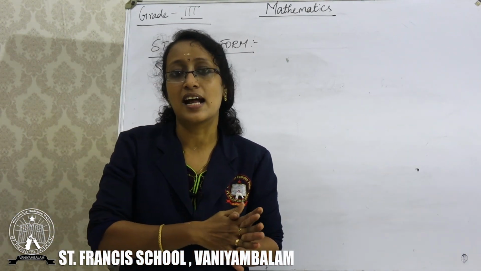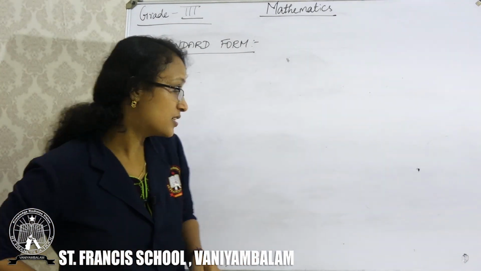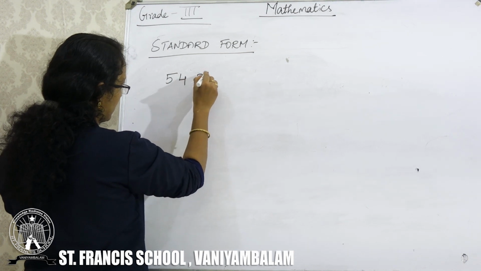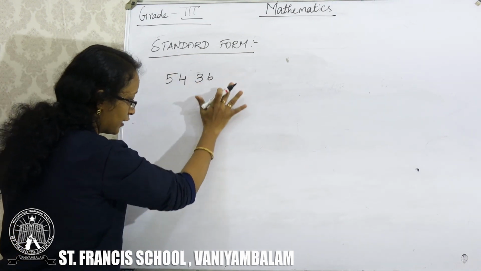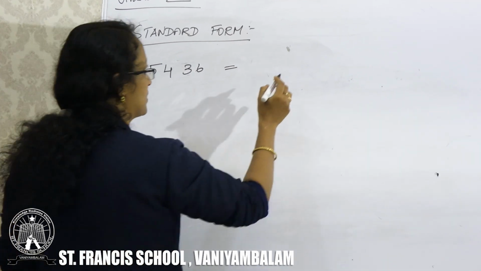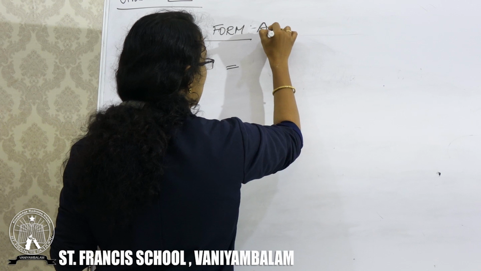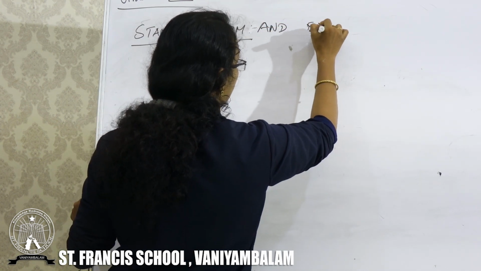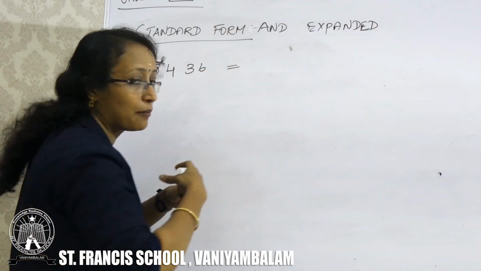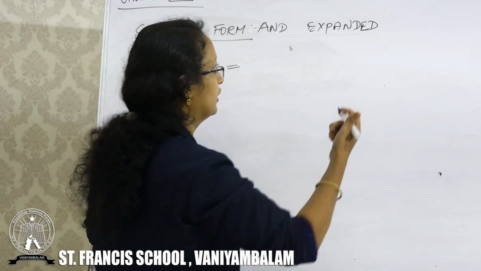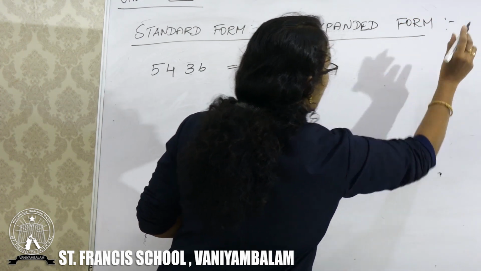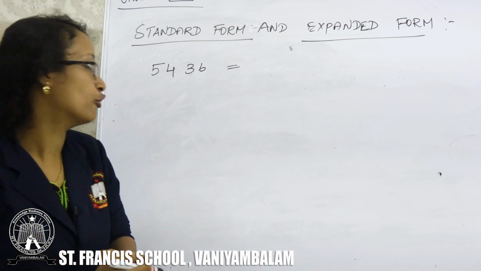Standard means standard or short form. I'm going to give you one number, 5436. This is the standard form of a number. Let's see what the expanded form is. Expanded means I am going to expand it briefly.